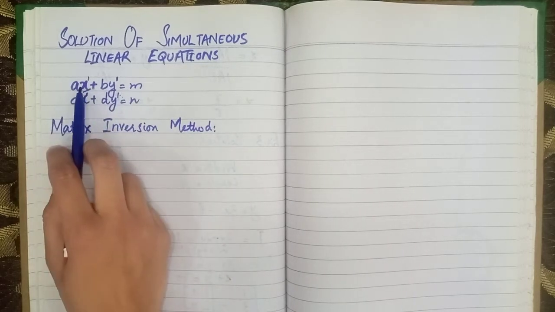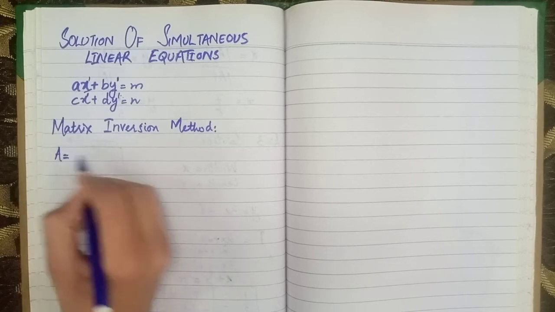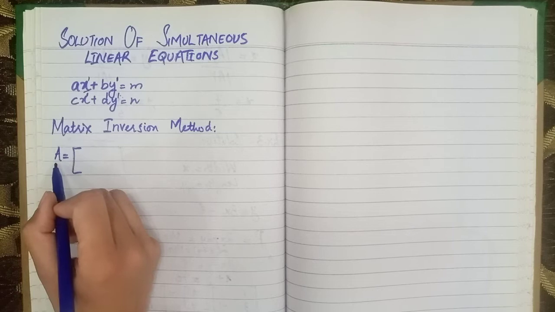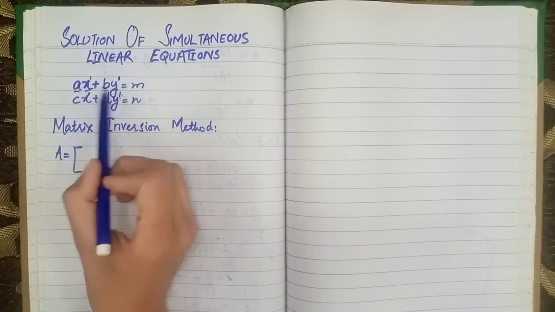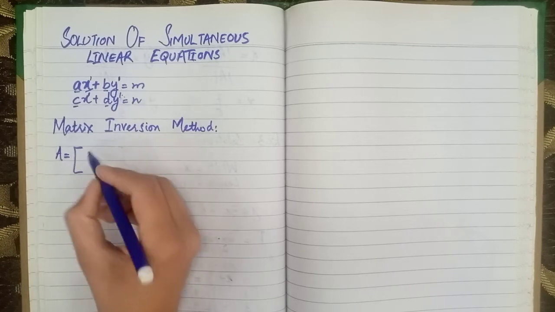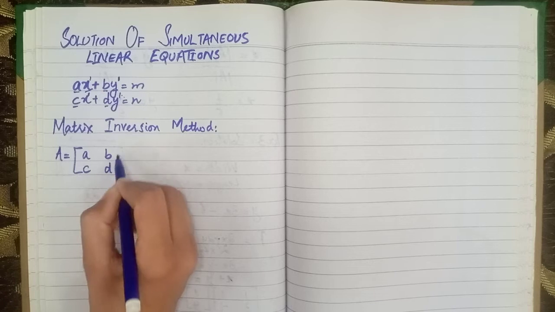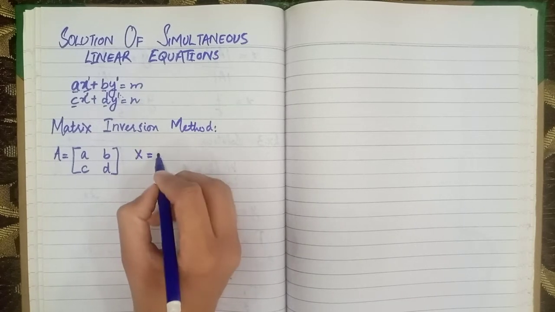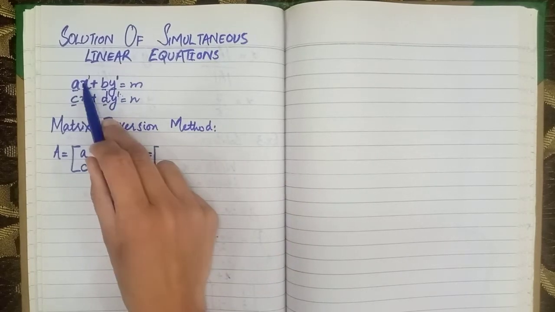Now make matrices. The first matrix, which I will name A. What would be that matrix? The coefficients a, b, c, d. Then X would be the matrix of the variables x, y.